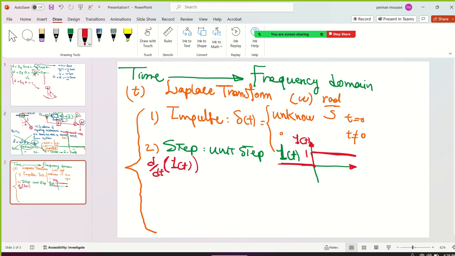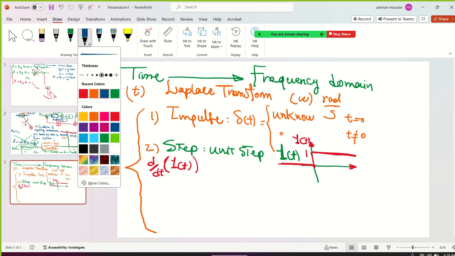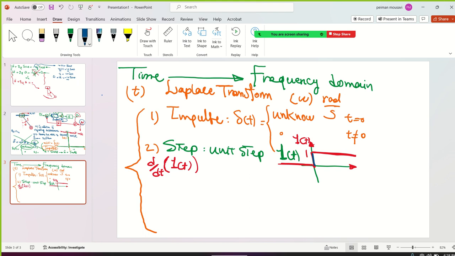In high school, what's the meaning of the time derivative? It means the slope here, right? What is the slope here? Time derivative with respect to time. Obviously it is infinity. Or what? You tell me. Unknown. Or it is delta of t.